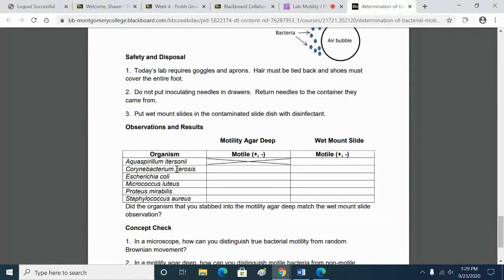Now, Proteus mirabilis is a small gram-negative rod, and it's single. So it happens to be very, very motile. And then Staph aureus, Staphylococcus, would you expect that to be motile?